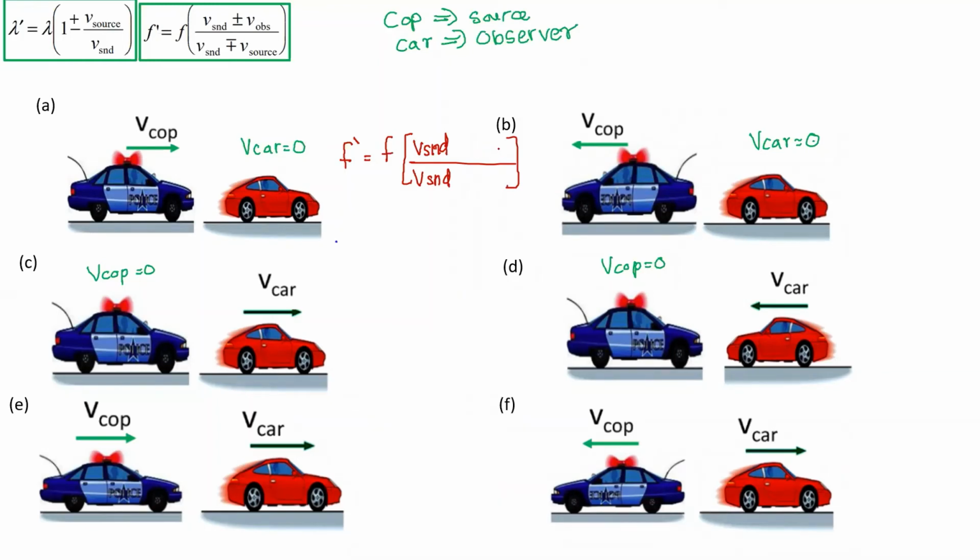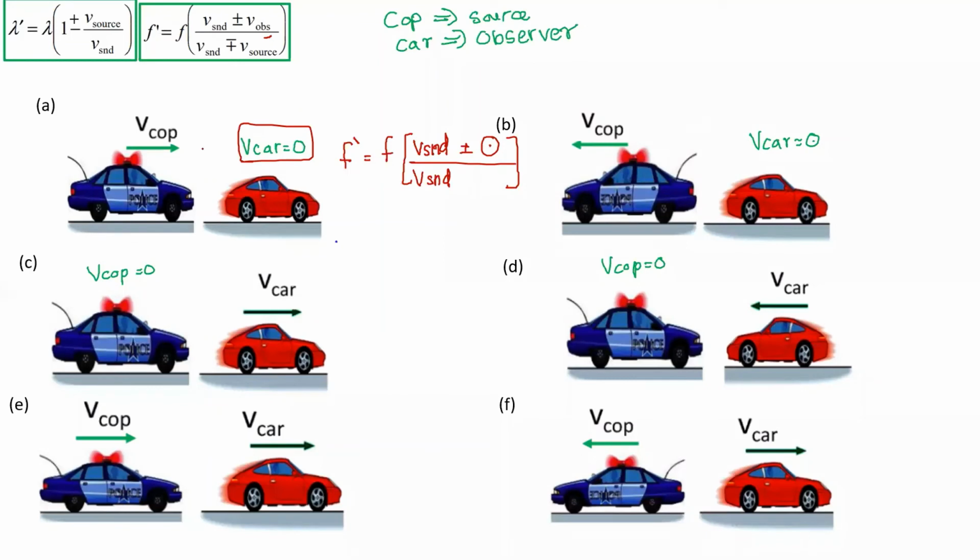V observer. What do I not have? V observer or V source? Which term I don't have? I shouldn't write. Very good. So observer is not there, right? So we don't have to write this term. So you can keep your numerator empty, or you can just write plus or minus 0.